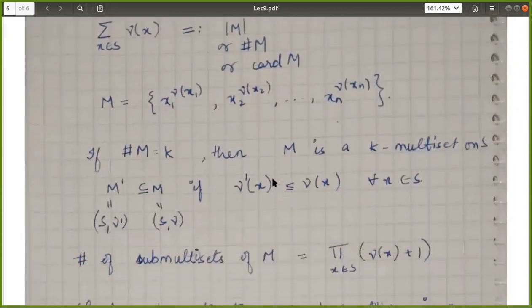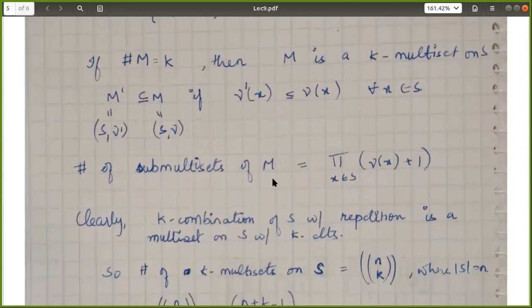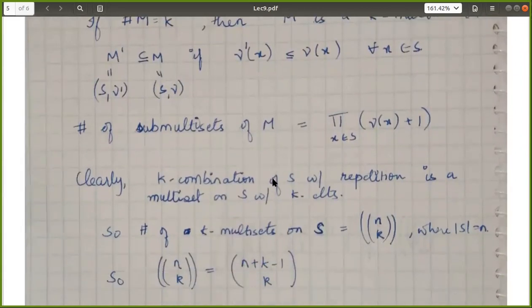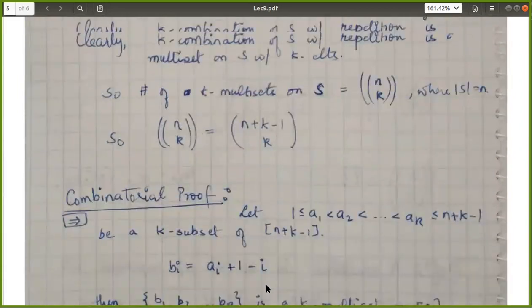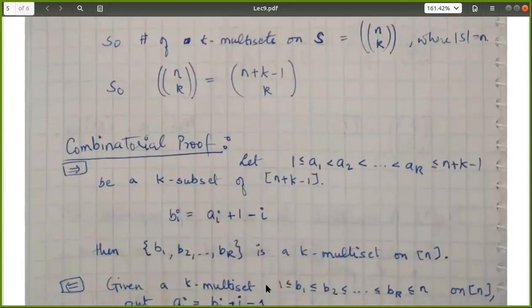Now, what I'm asking is different. This number is actually equal to this. If you are convinced that this is equal to this, then this being equal to this should come easily, at least in your head. And if not, we have a proof.